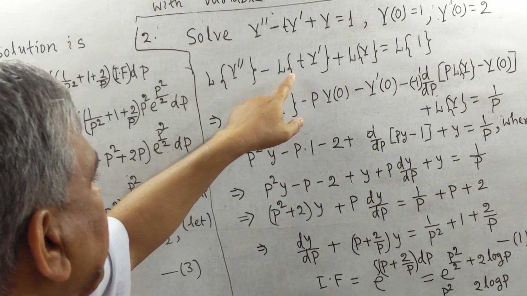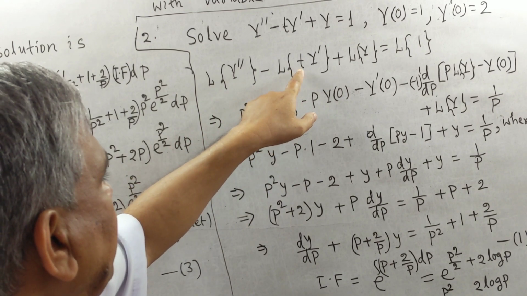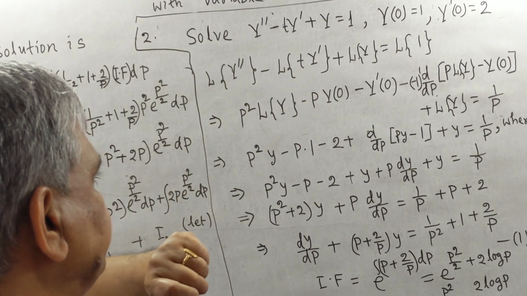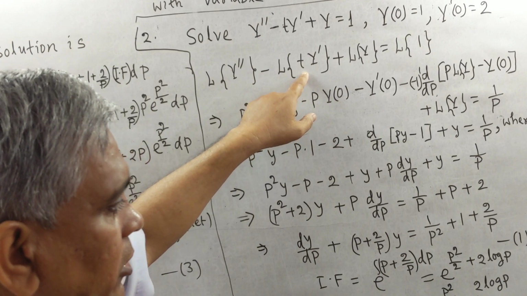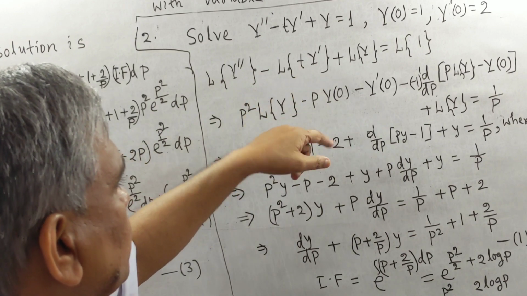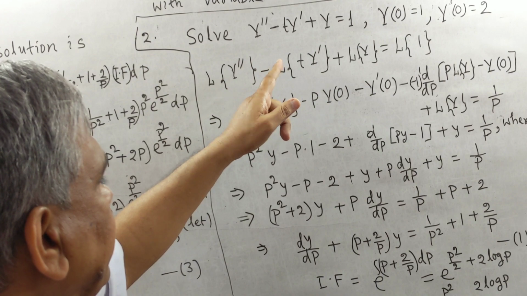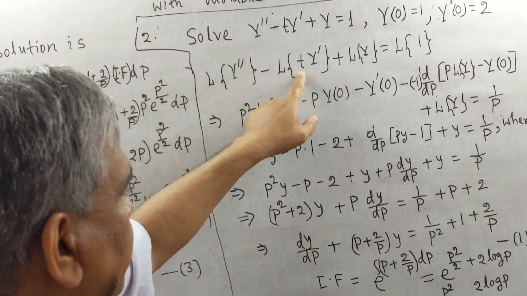Now here we have L[ty'], multiplication by t, which gives (−1)¹ d/dp.